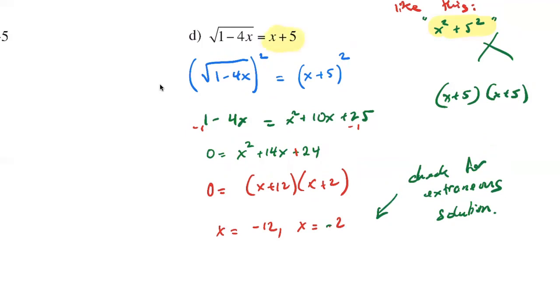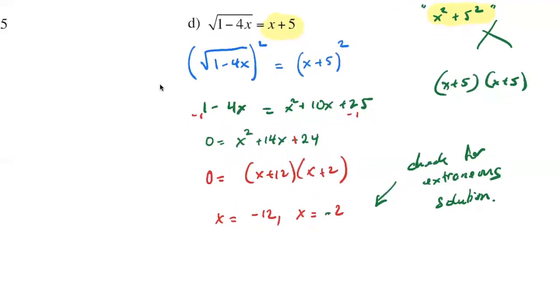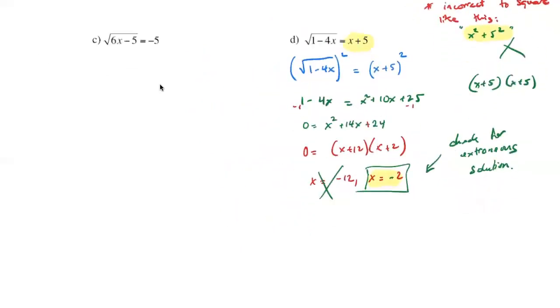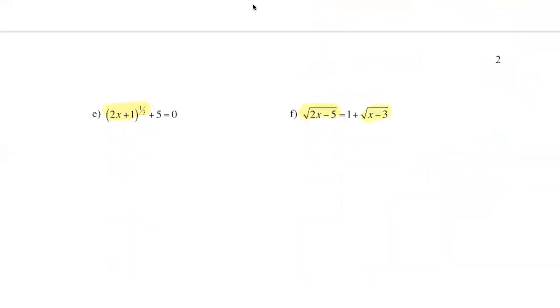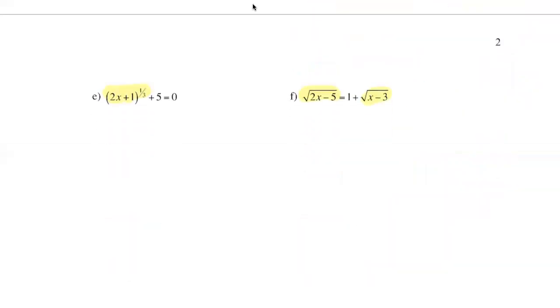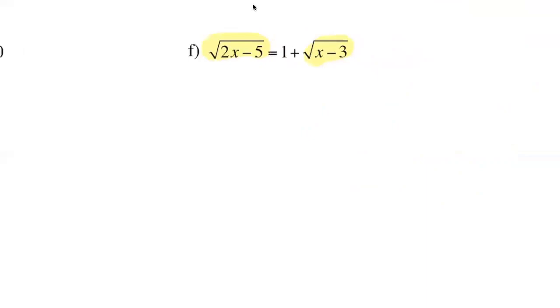And a square root can't be negative. So this is the correct answer, and this is not correct. The extraneous solution would be the negative 12. So keep that in mind. I'm gonna give you guys a hint regarding the double square root.